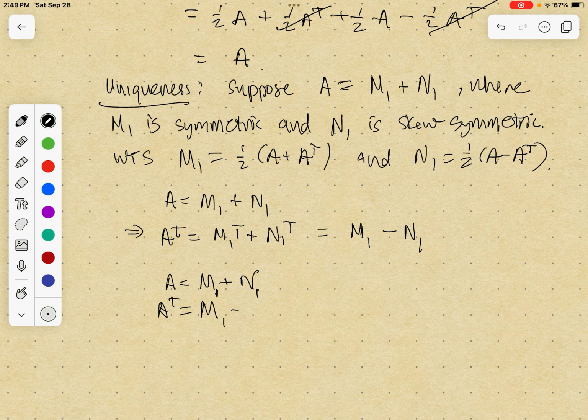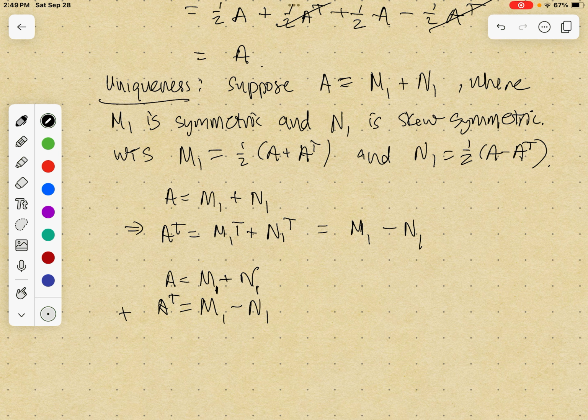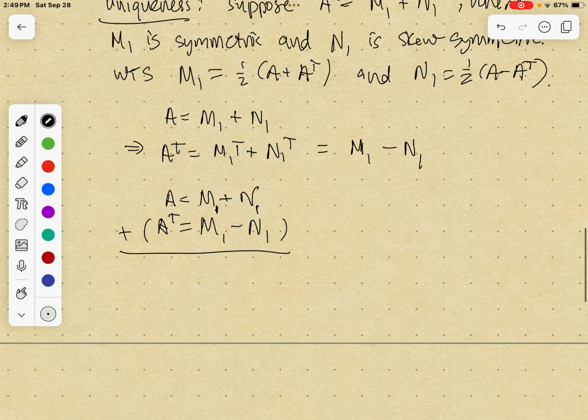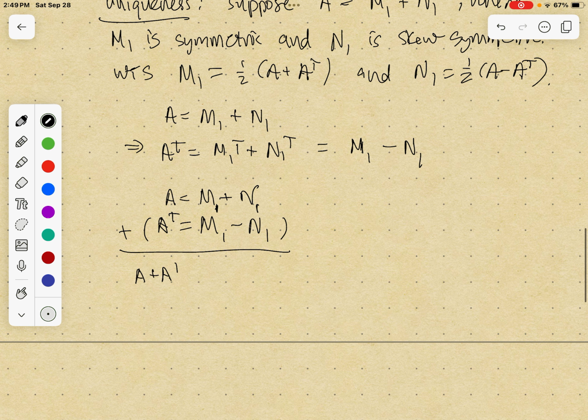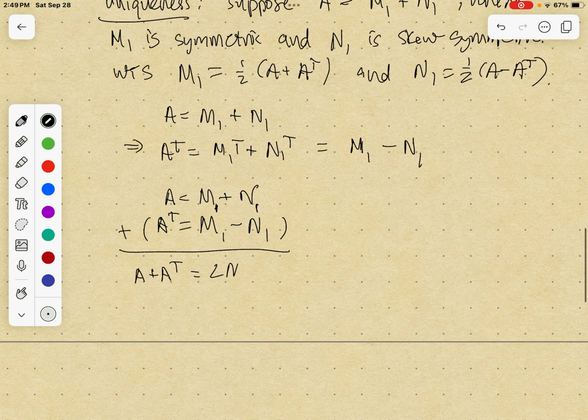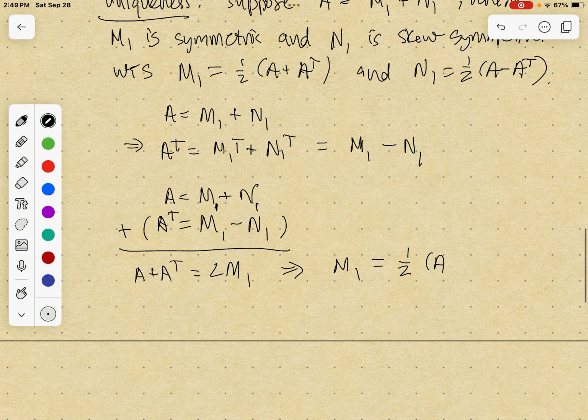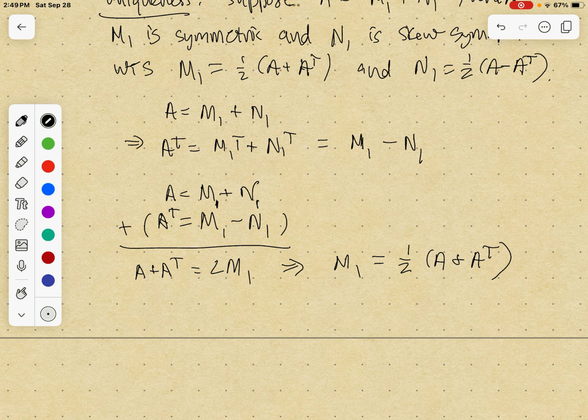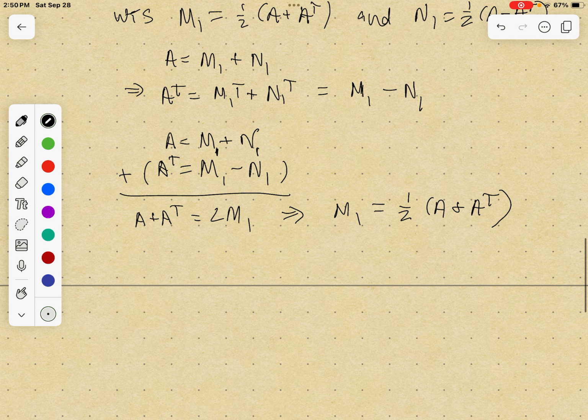A transpose is M1 minus N1, and now you see what we can do. We can add them, and the M1s are going to cancel, and so you get A plus A transpose is equal to 2M1. I mean, this is like solving a system of equations, right? And so M1 has to be, you can divide both sides by 2, 1/2 of A plus A transpose. So actually, that's the only symmetric matrix that can work.